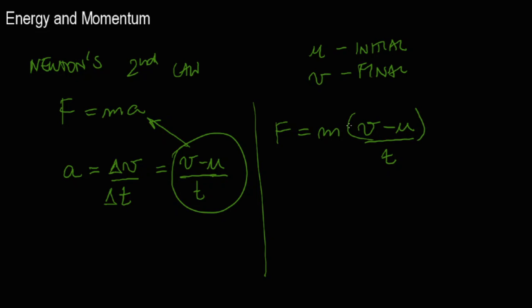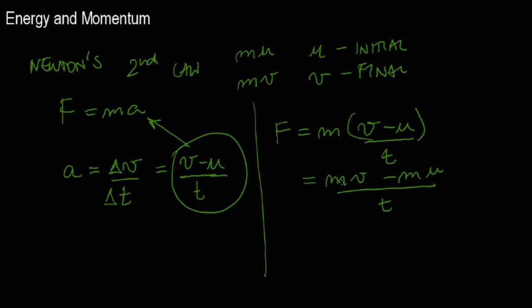So what is mv and mu? Well, if u is the initial velocity, mu would be the initial momentum. And mv would be the final momentum. So this here, if we expand, we don't need to, but if we expand, take a look.